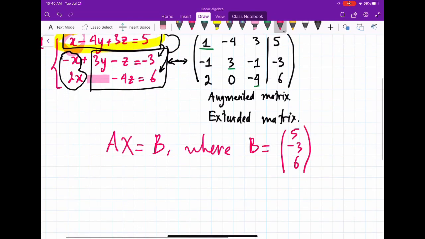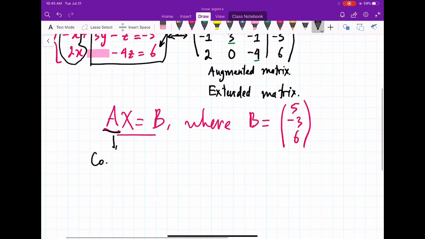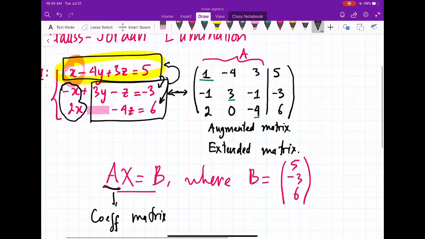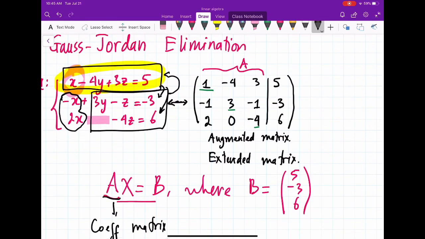So we know about this equation already, right? At the very first lecture of this course. So this is the matrix form of a system of linear equations. The matrix A is called the coefficient matrix, because in the matrix A, we have all coefficients of x and y and z. You see that?